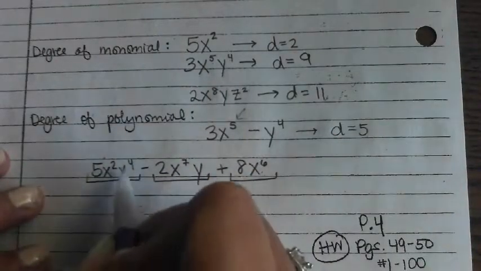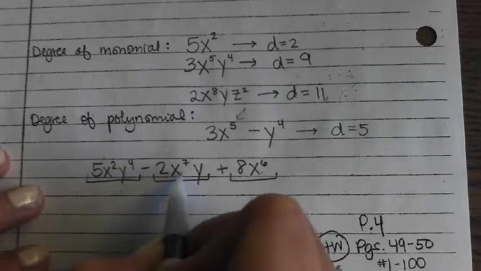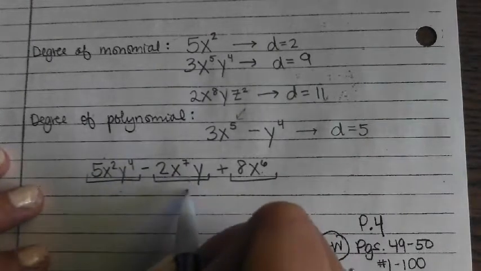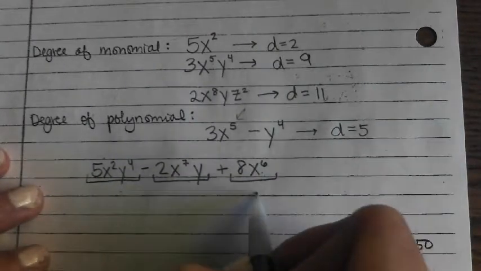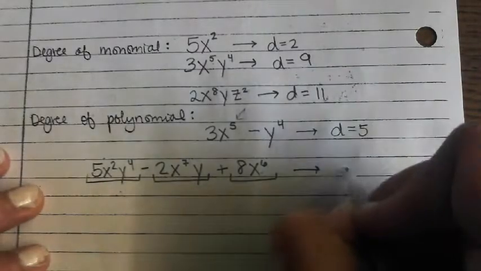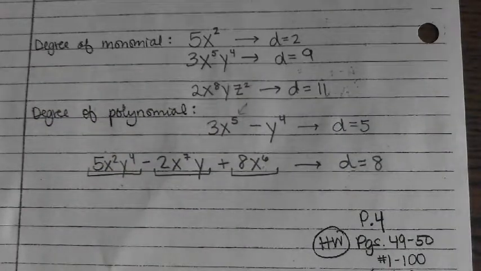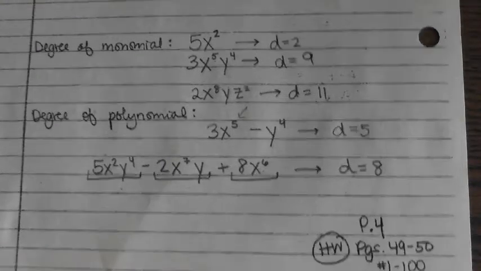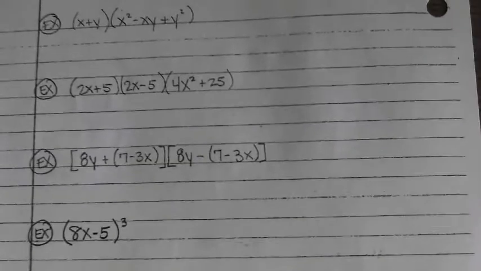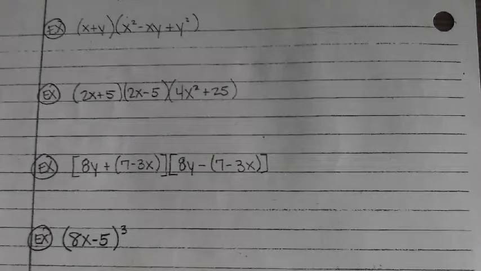So this monomial has a degree of 6, this one has a degree of 8, and this one has a degree of 6. So the overall degree of the polynomial is the largest of those, 8. Good, Jack. Okie doke. All right. What I want you to do is take a few minutes to do these 4 on your own.